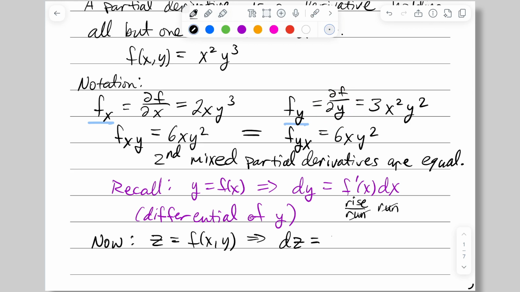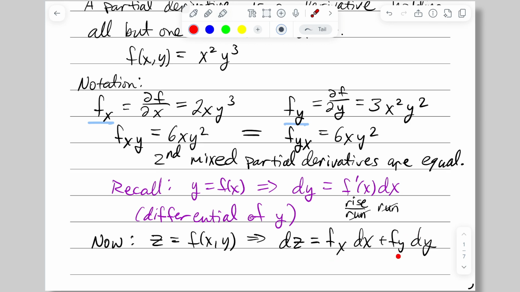So the differential of z is f_x dx plus f_y dy. We again have rise over run for f_x, then times run for dx, and that would be the rise when x changes. And then again, rise over run is f_y, dy would be run in the y direction, and ultimately the run divides out and we have rise when y changes.